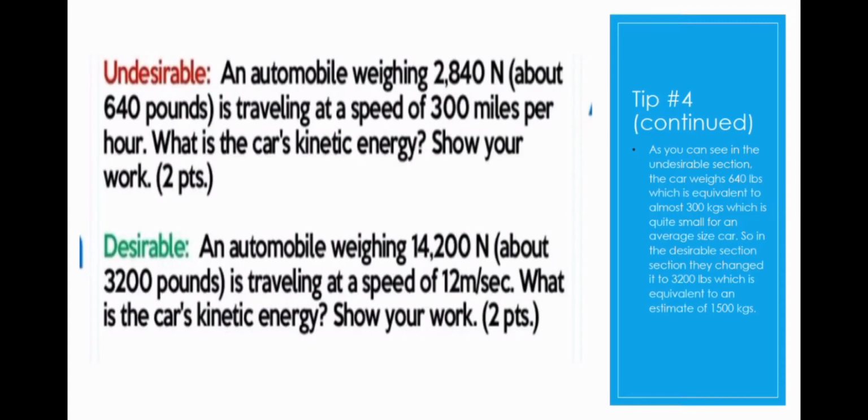We need to estimate something close to an average size car. So in this desirable section, they changed it to 3,000 pounds, which is equivalent to an estimate of 1,500 kilograms. So just only the car, not entirely with the driver and the other person.